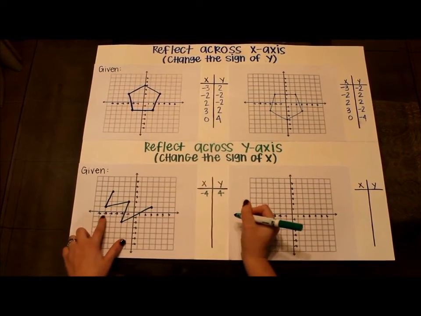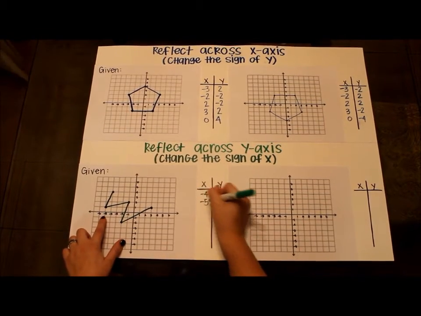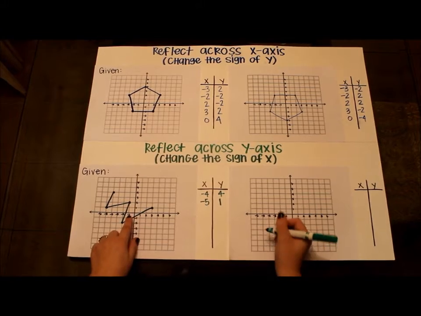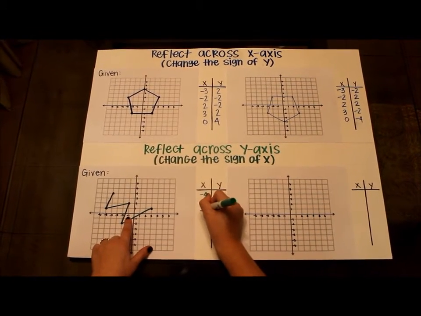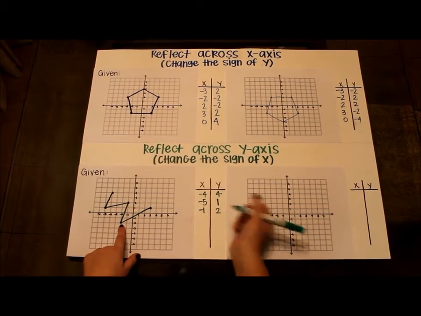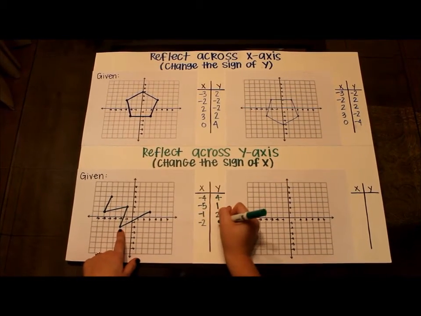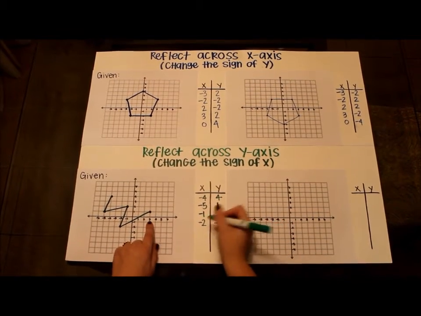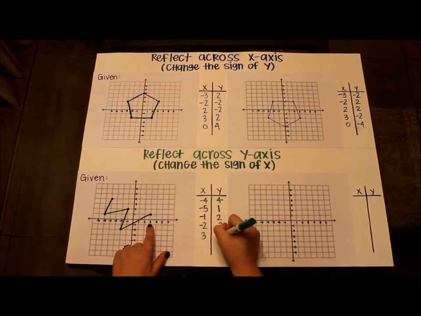Our second point is -5, up 1. Our third point is -1, up 2. Our fourth point is -2, down 2. And our final point is over 3, up 1.